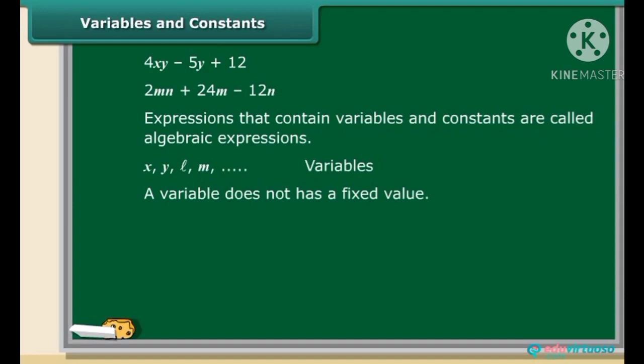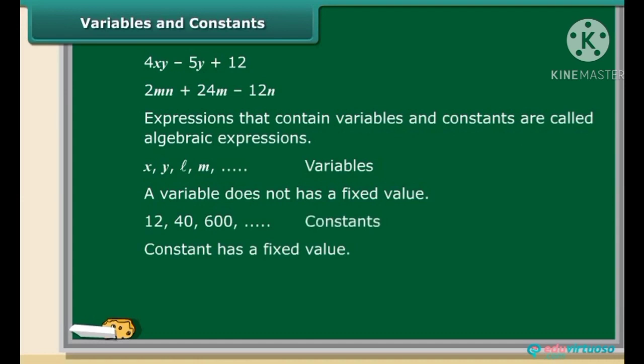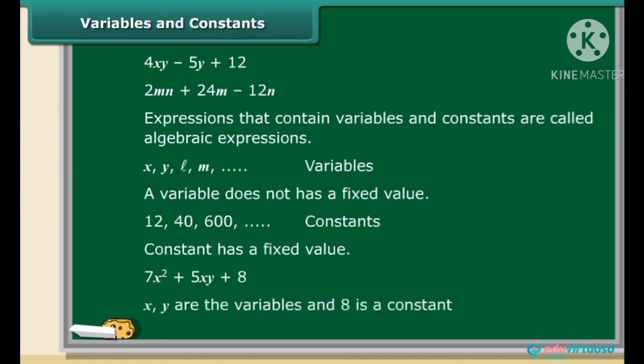On the other hand, a value that does not change is called a constant. Constants have a fixed value. So, in the expression 7x square plus 5xy plus 8, x and y are variables and 8 is a constant.